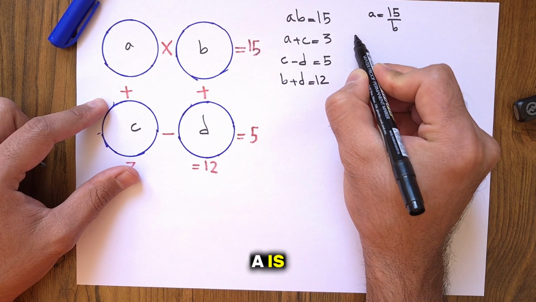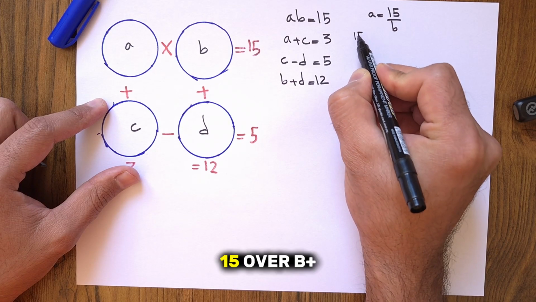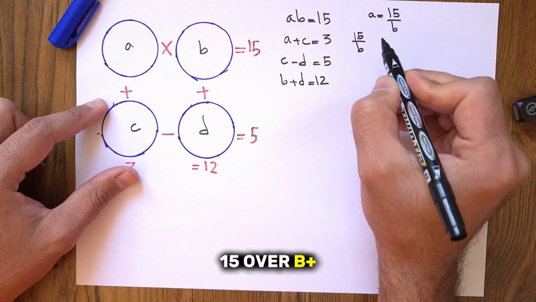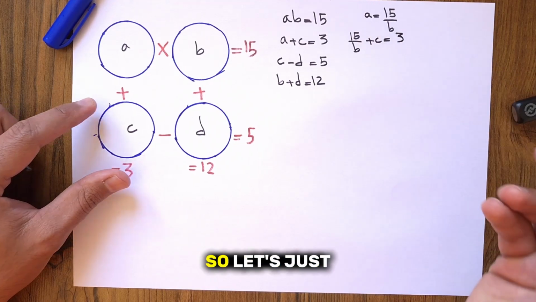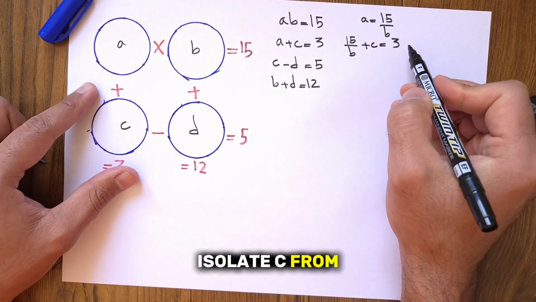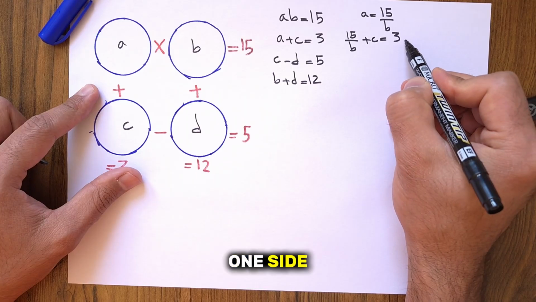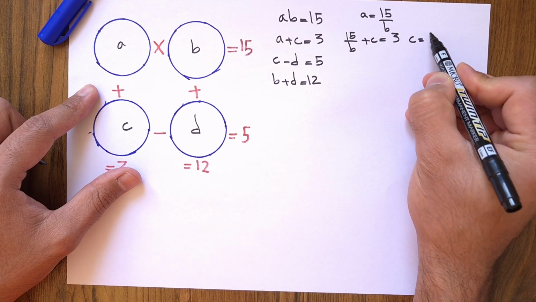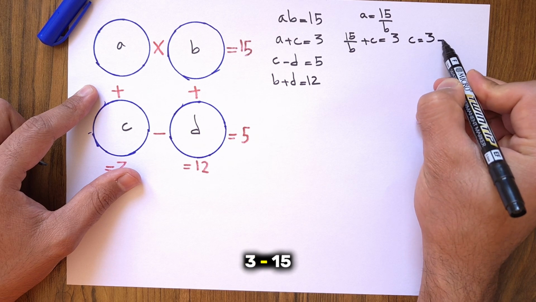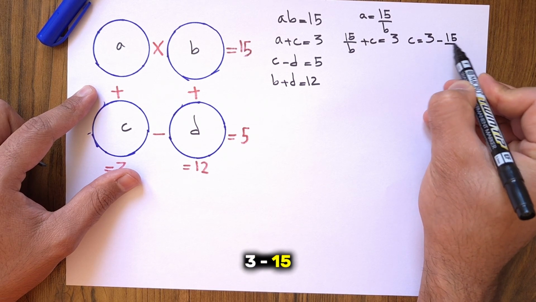So 15 over B plus C equals 3. Let's isolate C on one side. So C equals 3 minus 15 over B.